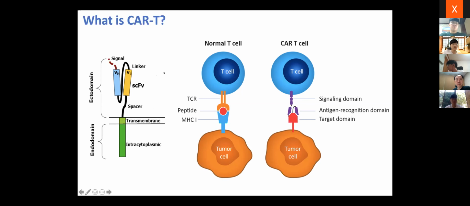So this means that it mimics the structure of an antibody so that it could bind to a specific target in the tumor cell. You can see that the CAR T cell is generated and it has an antigen recognition domain, which is over here, and also a signaling domain that relays its signals to the T cell to accelerate its attack.